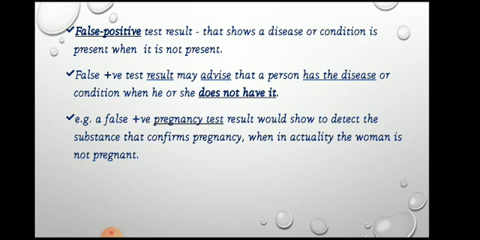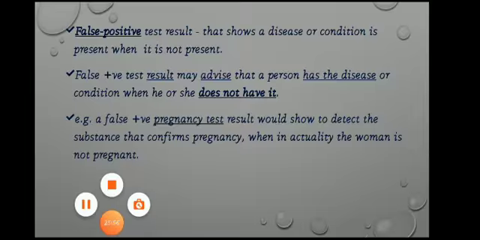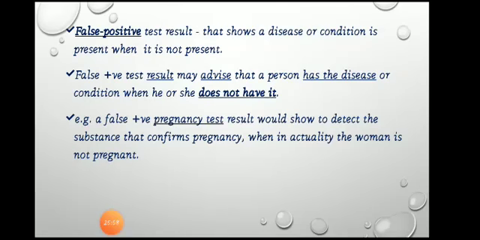Similarly, another example we'll take is the pregnancy diagnostic kits. They generally show that pregnancy is there, meaning a false positive test will be there, but actually the woman is not pregnant.